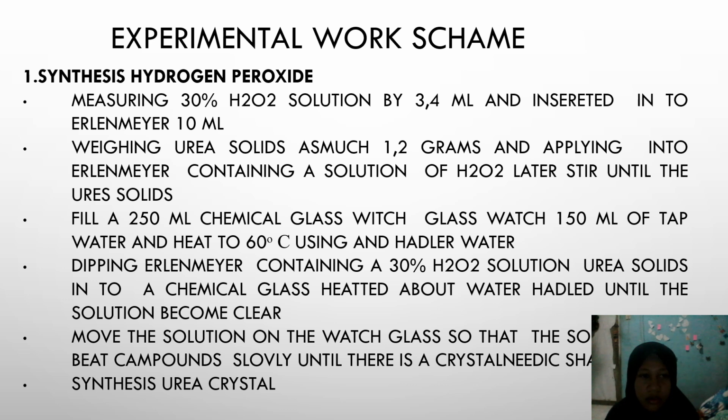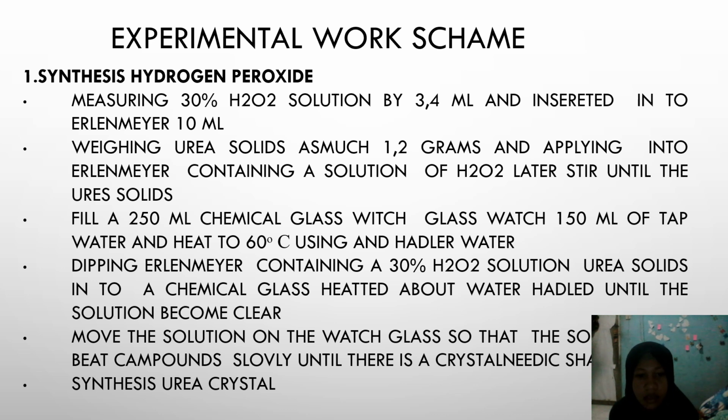Fill a 215 ml chemical glass with 115 ml of tap water and heat to 15 degrees Celsius using aqueous. Then dip the Erlenmeyer containing the H2O2 solution and urea solid into the chemical glass, heating the water until the solution becomes clear.